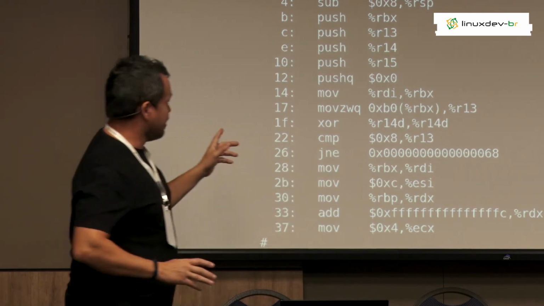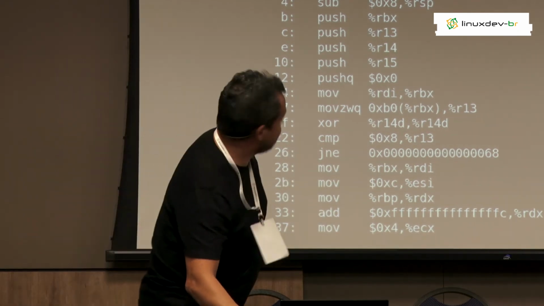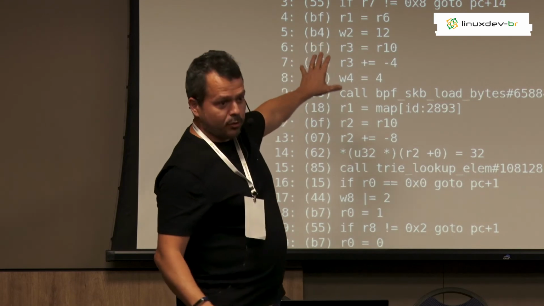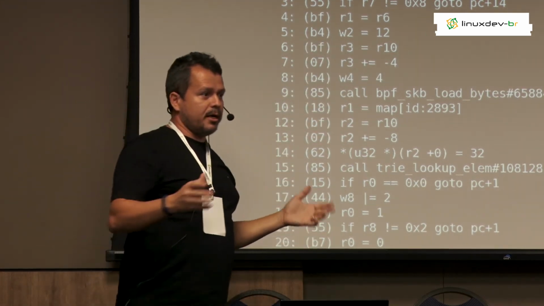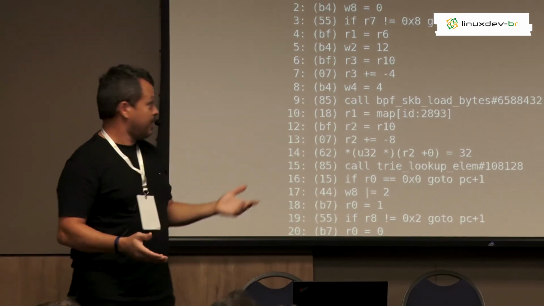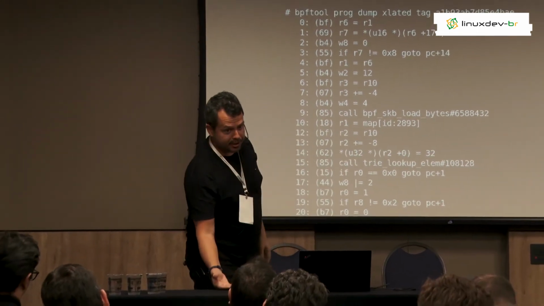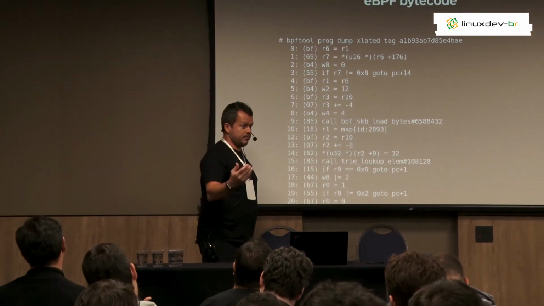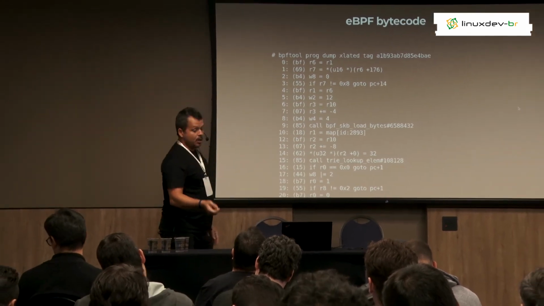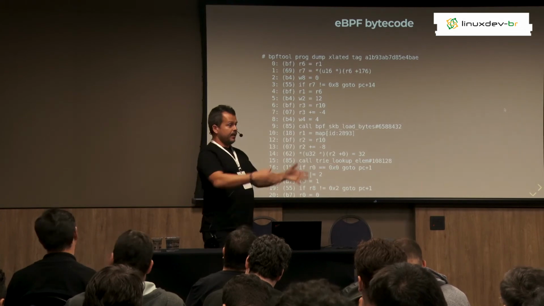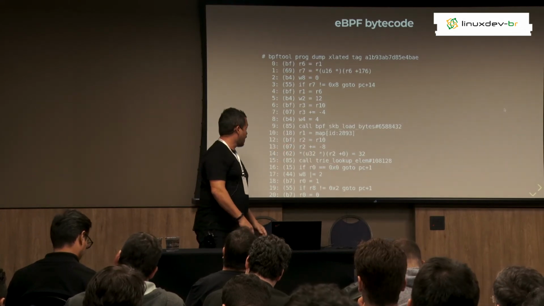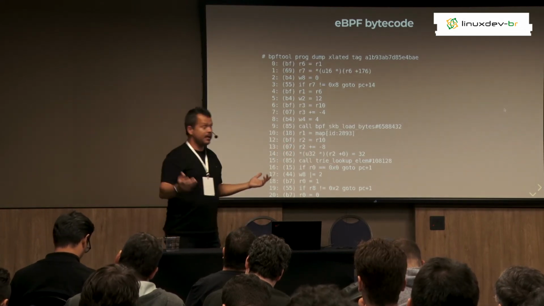Because one of the interesting things is that this bytecode runs on any architecture where BPF is supported, so I can run this on an Android machine with an ARM64 processor, or on my workstation with an x86, or on an access point with MIPS or whatever.